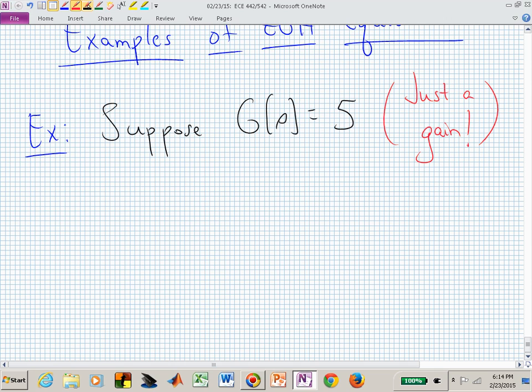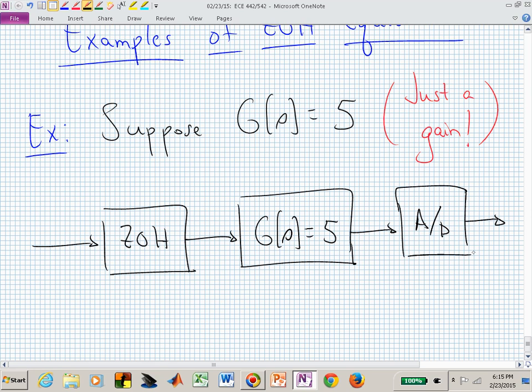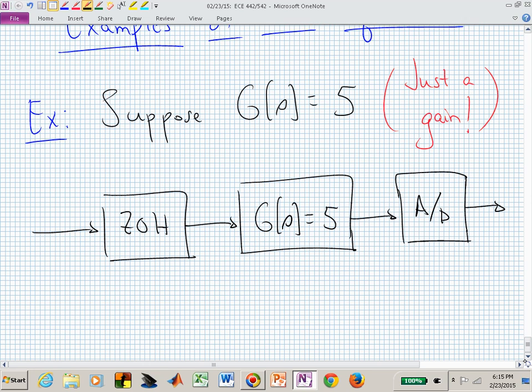Pictorially, you could express that as this zero-order hold, G of s, which in this example is just equal to a number, 5. That just scales what's coming in at the input by a factor of 5, and it goes through this A to D and creates this output.